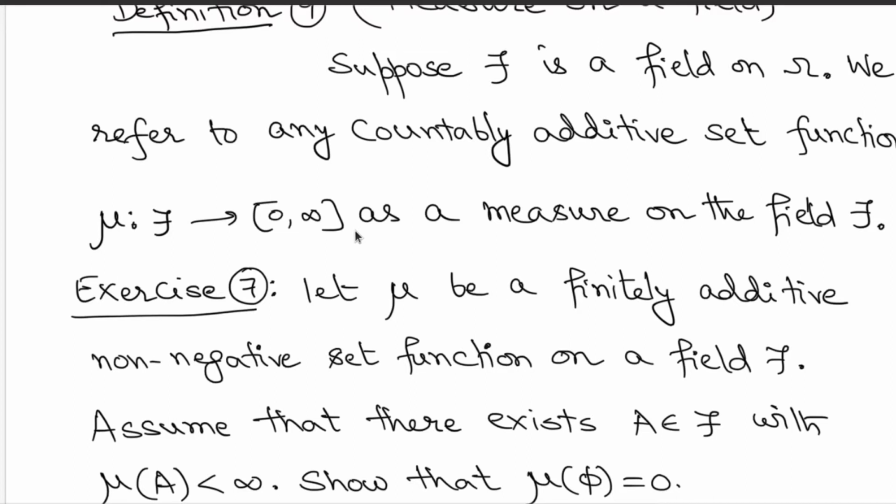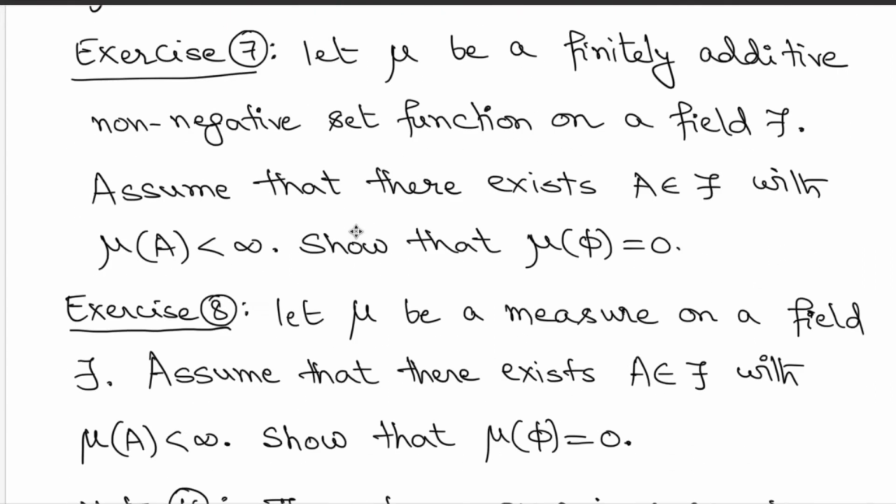Now, as done for measures on sigma fields, we are going to discuss whether the measure of the empty set is 0 or not. We obtained this property for measures on sigma fields by assuming that there exists at least one set for which the measure is finite. If you make the same assumption for these set functions on a field, then you again end up with the same property.